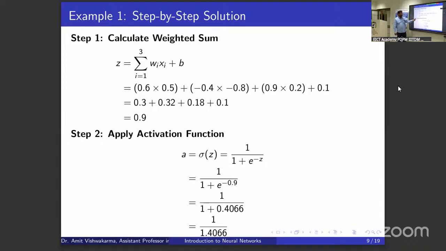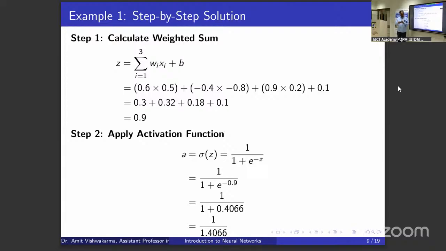Now we have to apply the activation function, which is sigmoid. So A equals sigma of Z, 1 upon 1 plus e to the power minus z. When you solve this, it will be 0.7. This is the solution of the first one.